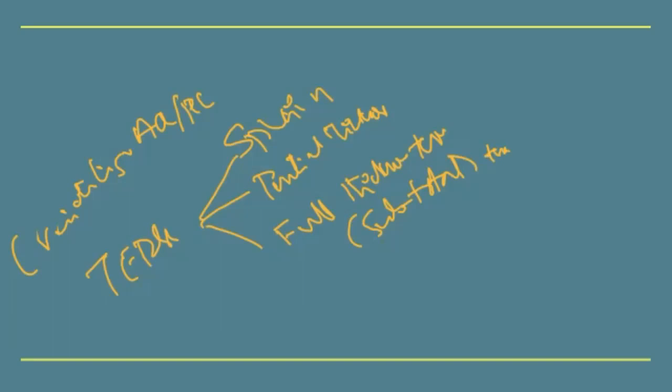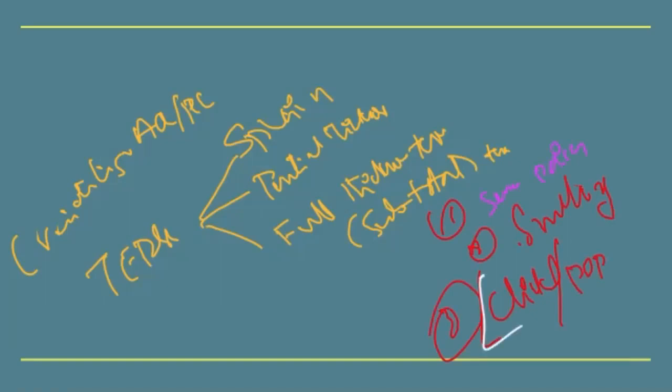Whenever the anterior cruciate ligament is torn, there will be severe pain, swelling, and especially a click or pop. This is the most important thing.